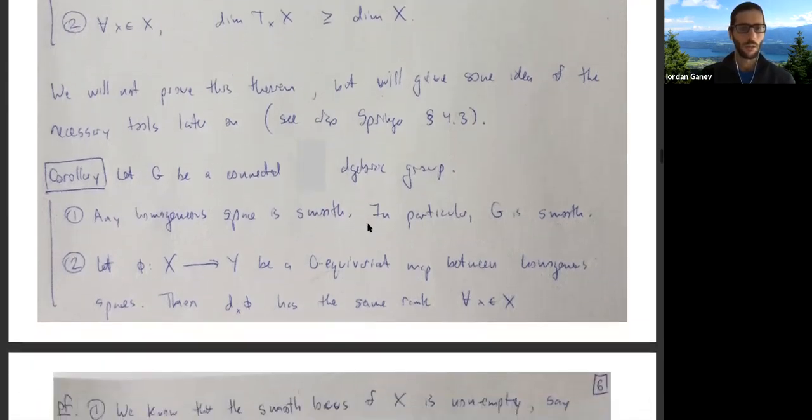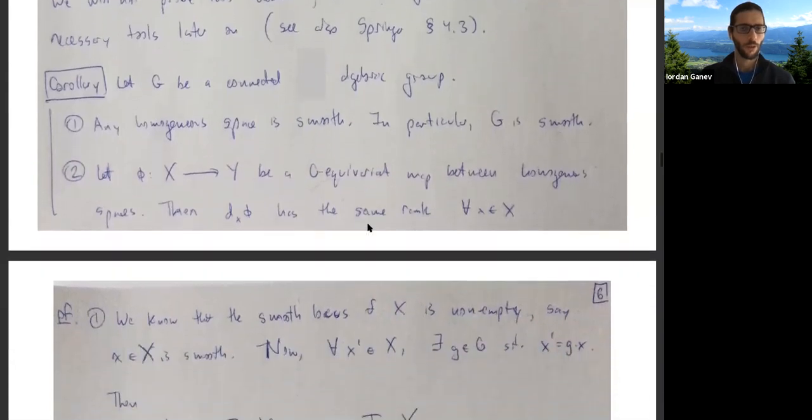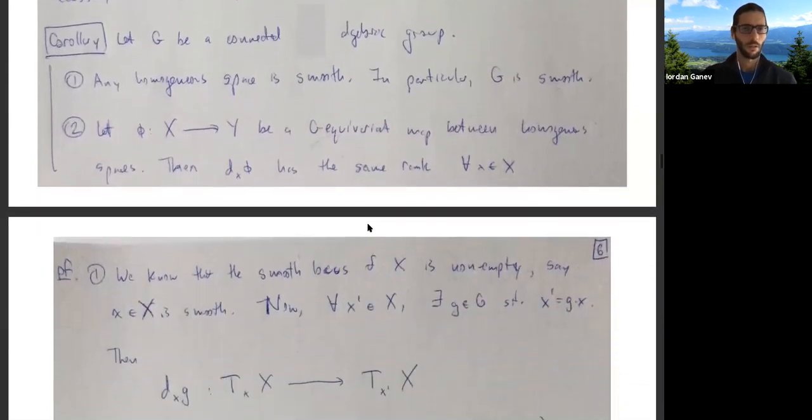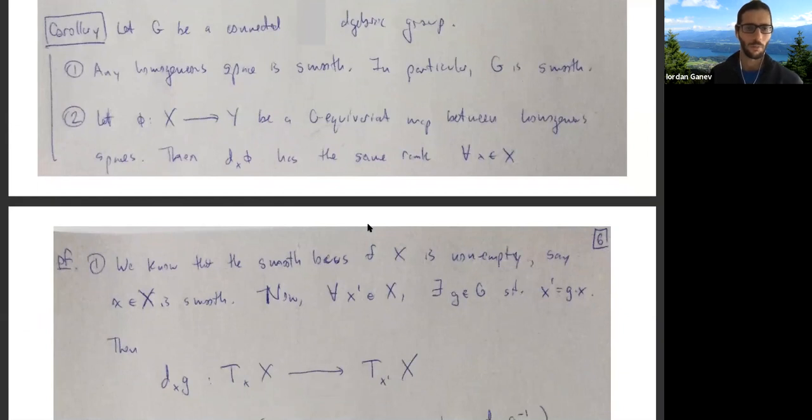Okay, so how do we prove this corollary using the big hammer of this theorem that I stated? Since the set of smooth points in X is open and non-empty, we can pick some point x in X that's smooth. X is a homogeneous G-space.